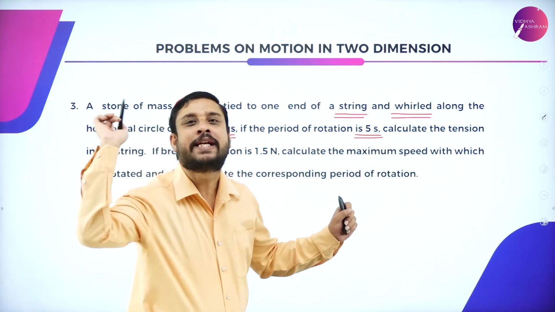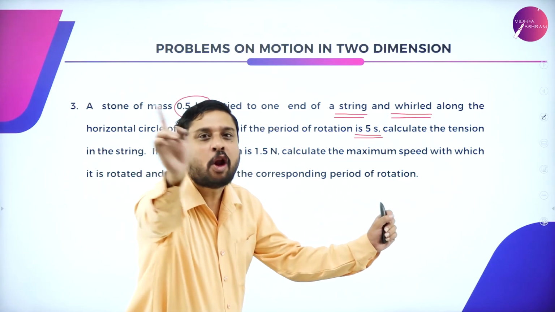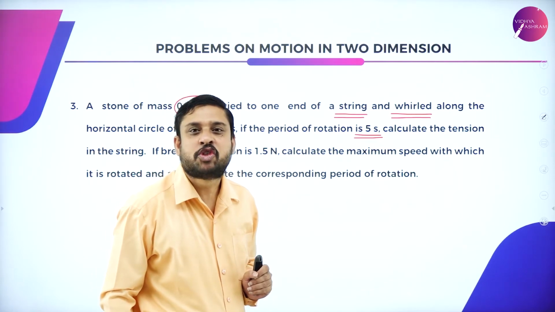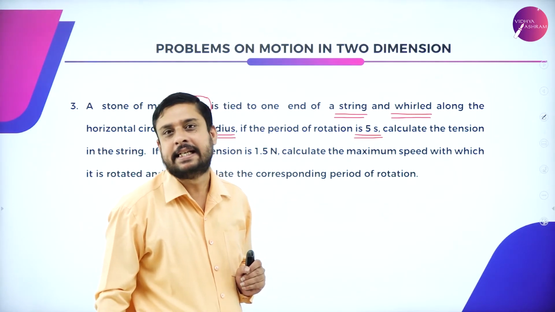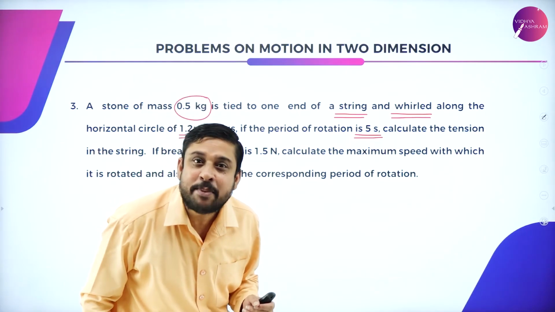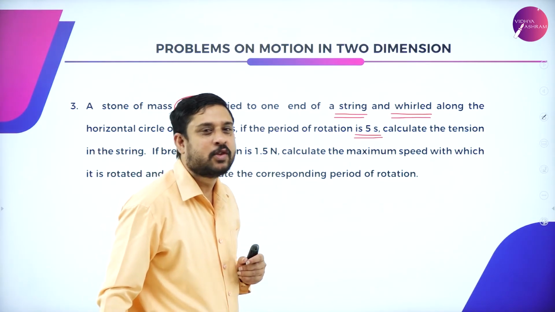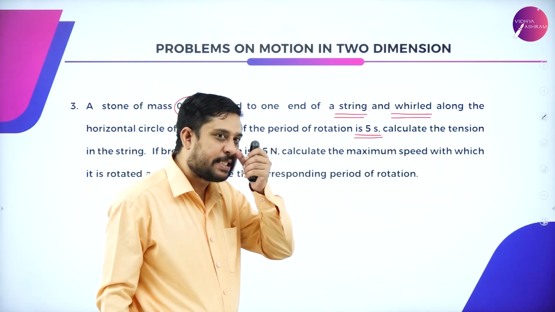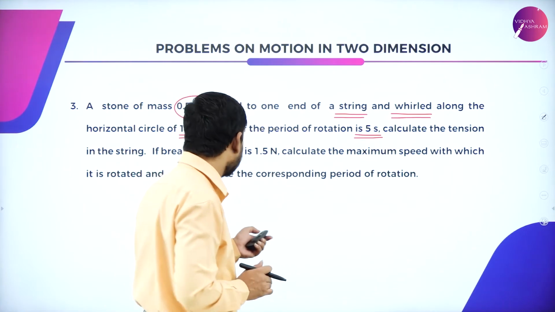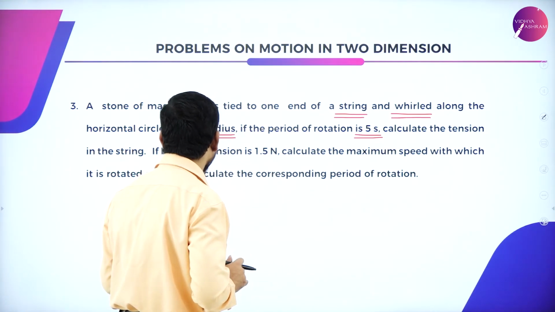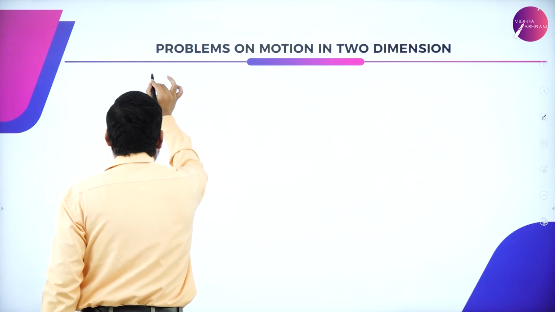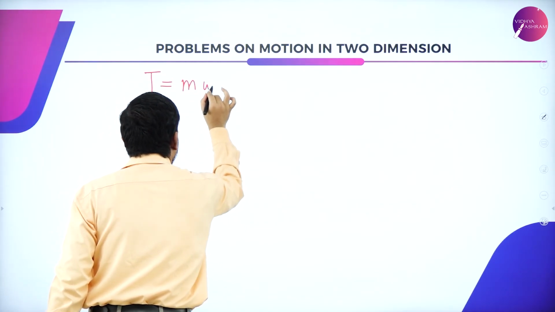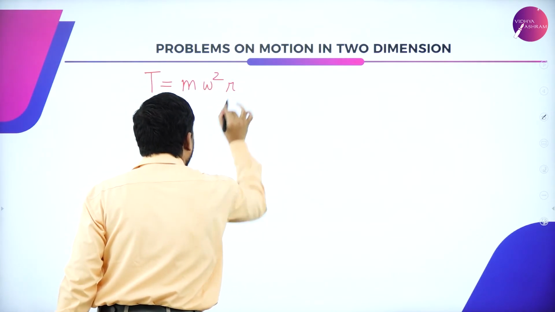So we are rotating the stone along the horizontal circle. Tension in the string is nothing but the centripetal force. So first we are asked to calculate the centripetal force. So therefore, we know in this case, it is m omega square r.